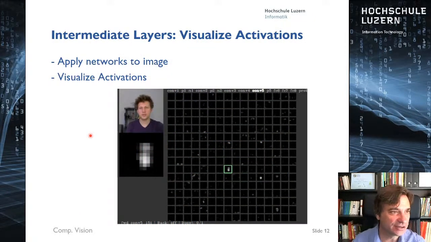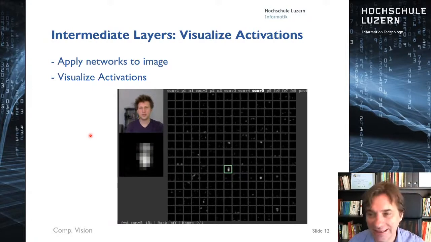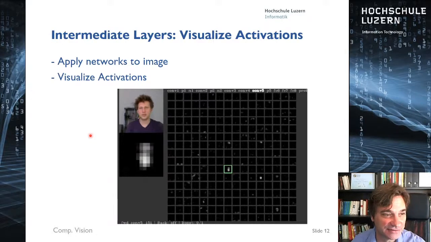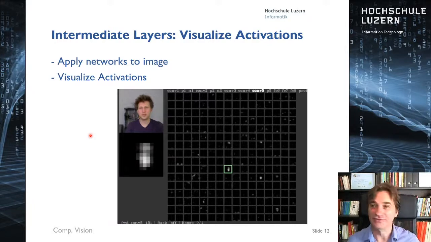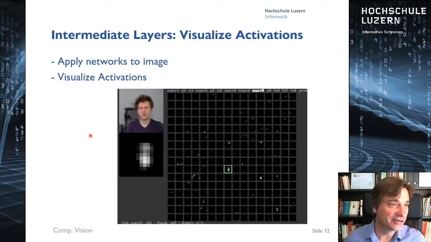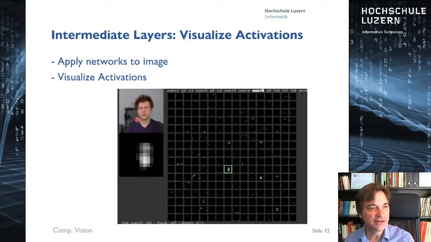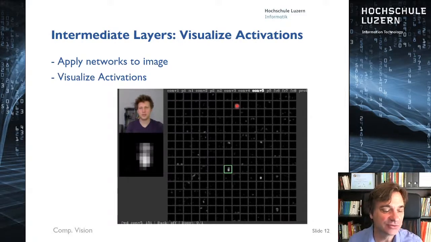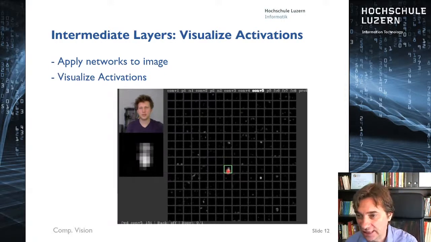Or one other technique is you could just visualize activations in between the network, and this we will see is what we will use for the deep dream kind of image generation. What is meant by visualizing activations? So if you run that image and you look at the output at different convolutional layers, you could just see where you have a large output.